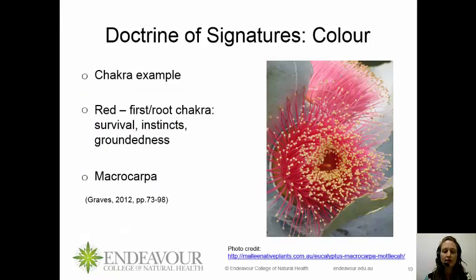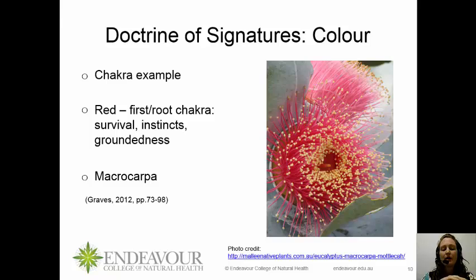If you're interested, there are lots of yogic philosophy books around chakras, so you can go and have a read there.